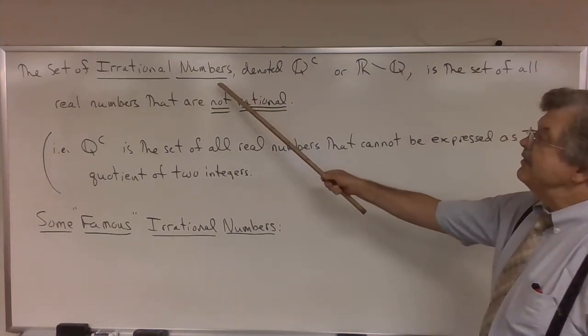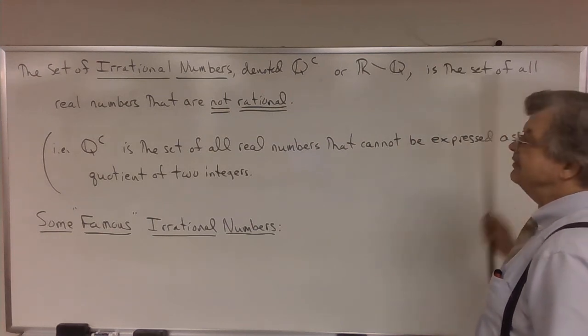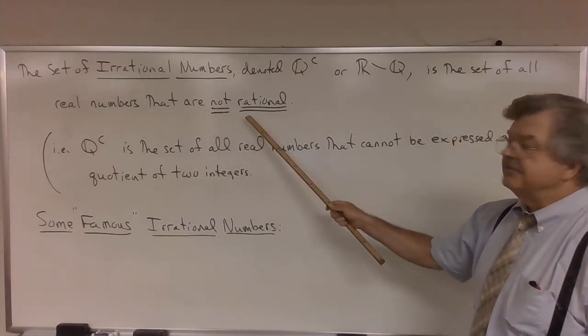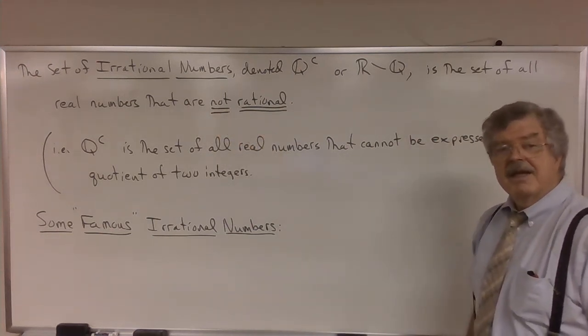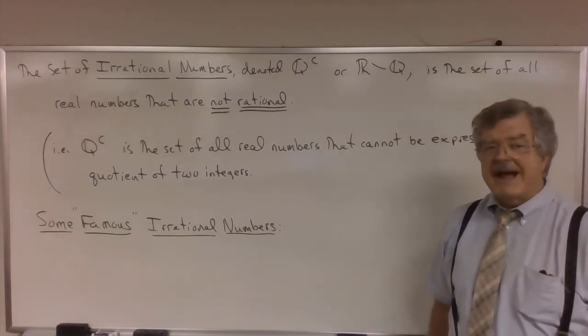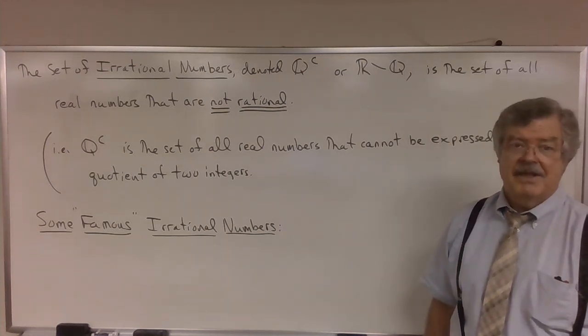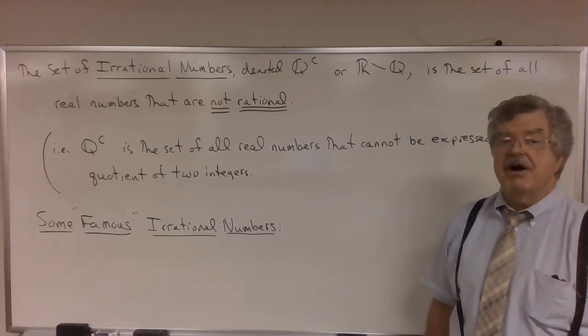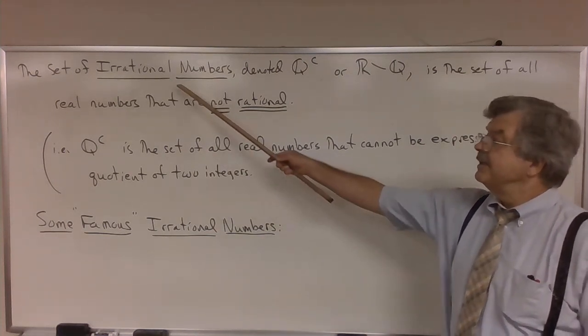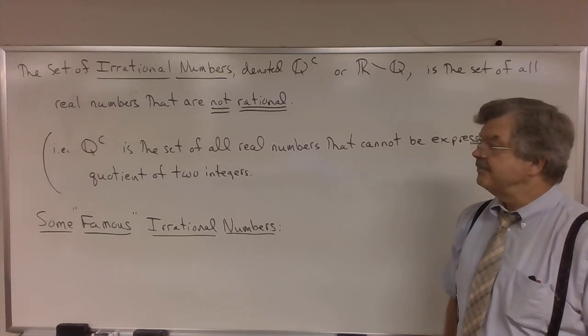And the set of irrational numbers is the set of all real numbers that are not rational. Every real number is either rational or it's not. And those real numbers that aren't rational we call irrational numbers.